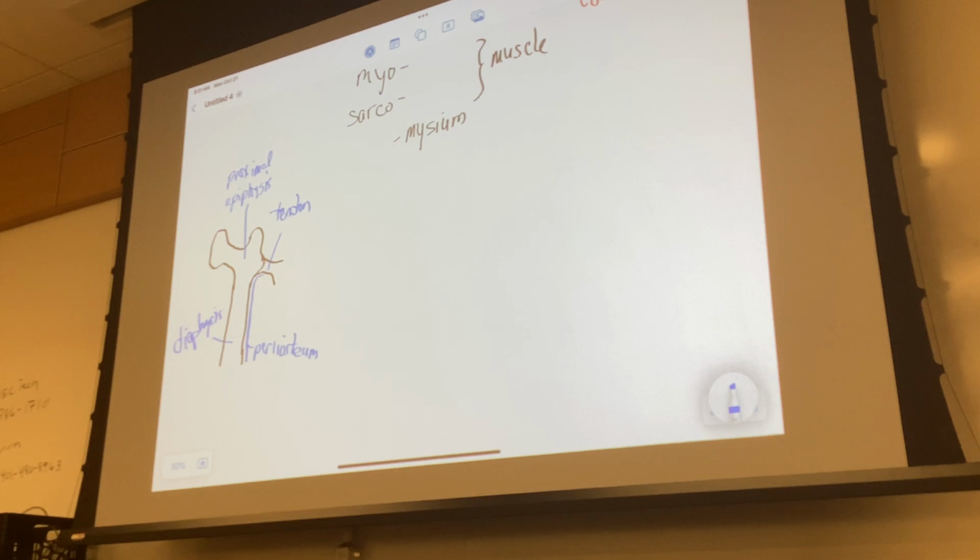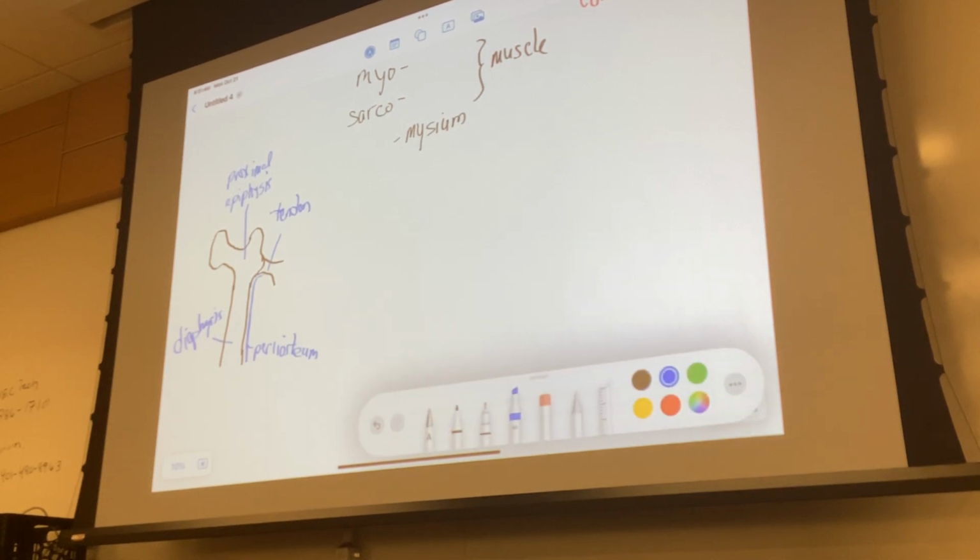The dense connective tissue that is produced by the fibroblasts and fibrocytes, producing those collagenous fibers, is continuous with the muscle. It's this connective tissue that wraps in many, many different layers. It wraps the muscle, okay? So what I'm in the process of drawing right now is the muscle itself.